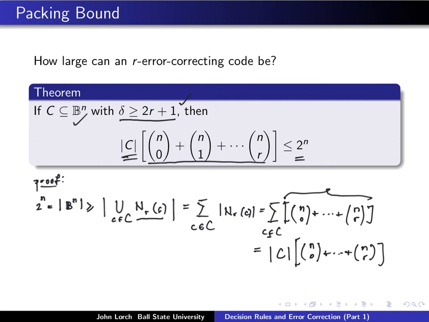Okay, so this inequality that is given in the theorem has a name. It's called the packing bound. Now, the bound on the size of this code is often not achieved, but it does at least give us a bound.